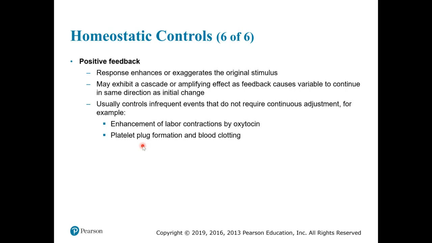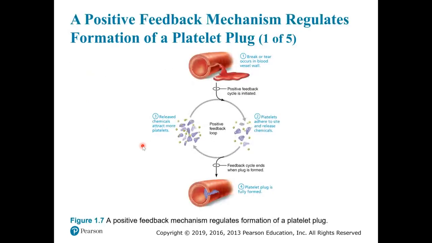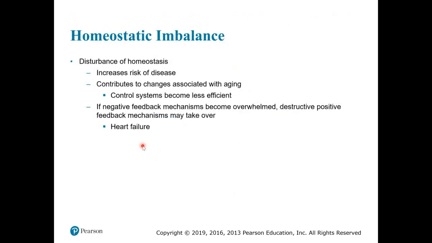So positive feedback, a means to an end: enhancement of labor contractions, blood clotting, milk formation, and a very few others. Negative feedback is indeed the biggest one. When homeostatic imbalance occurs, that's not a good thing at all.